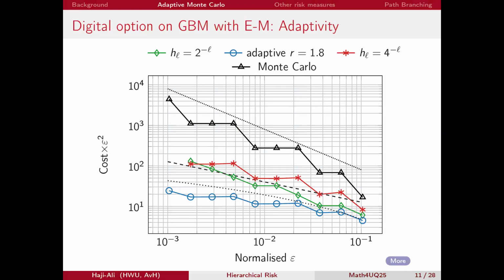Okay, and this actually does work in practice as well. You can see this is Monte Carlo. These two are multi-level Monte Carlo, two versions of multi-level Monte Carlo, which are classical in the sense of using either too much refinement per sample, or too little refinement for every sample. And the adaptive one achieves the better complexity.